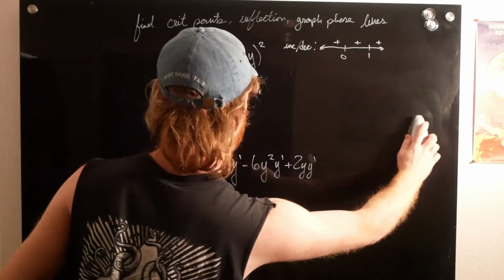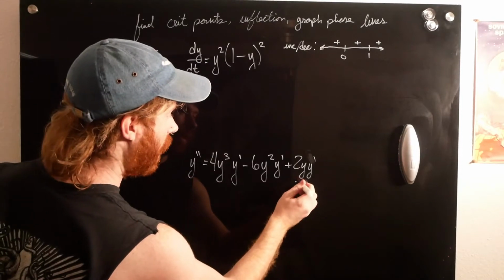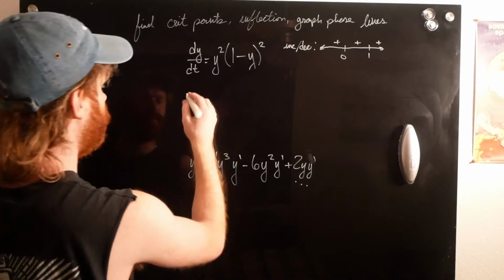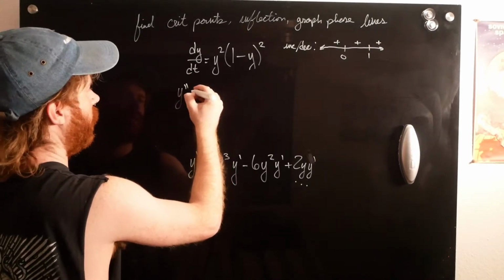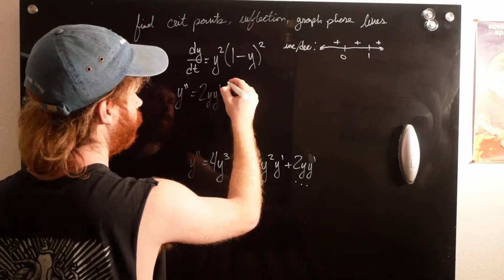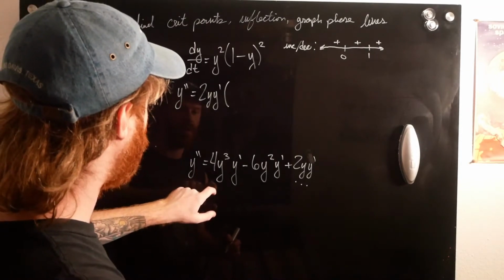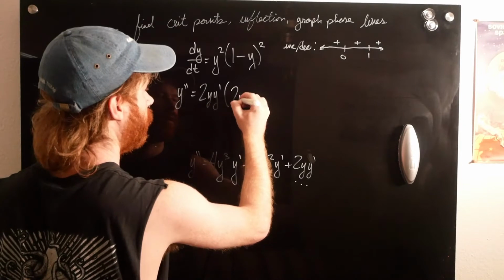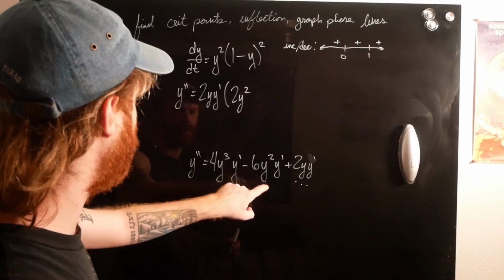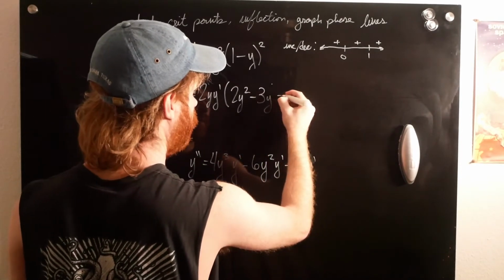Okay, so I'm going to erase this and we'll keep going here. Now let's factor out a 2, a y, and a y prime. So 2y and y prime. So y double prime equals 2y y prime, and then we have a 2 here, a y squared, so 2y squared, and then we have a 3 on a y, so minus 3y, and then plus 1.